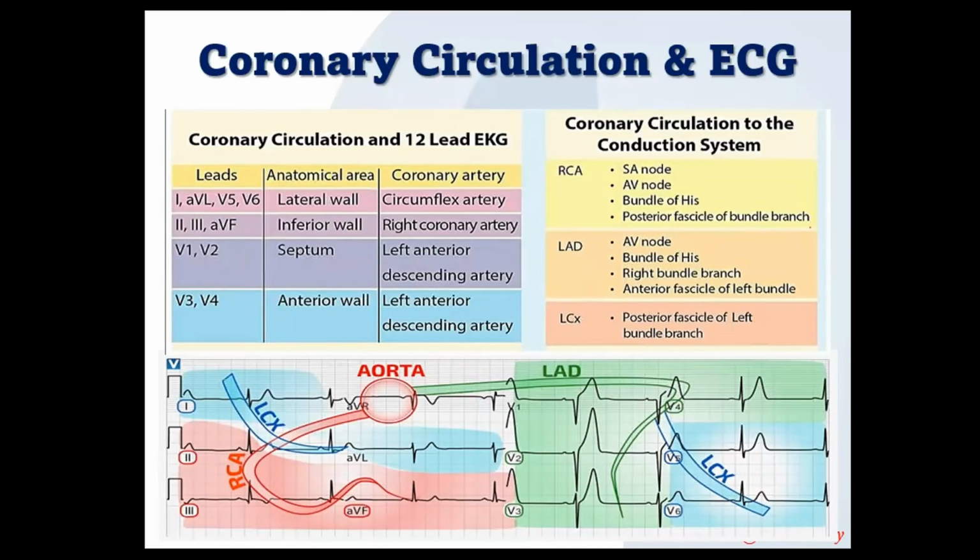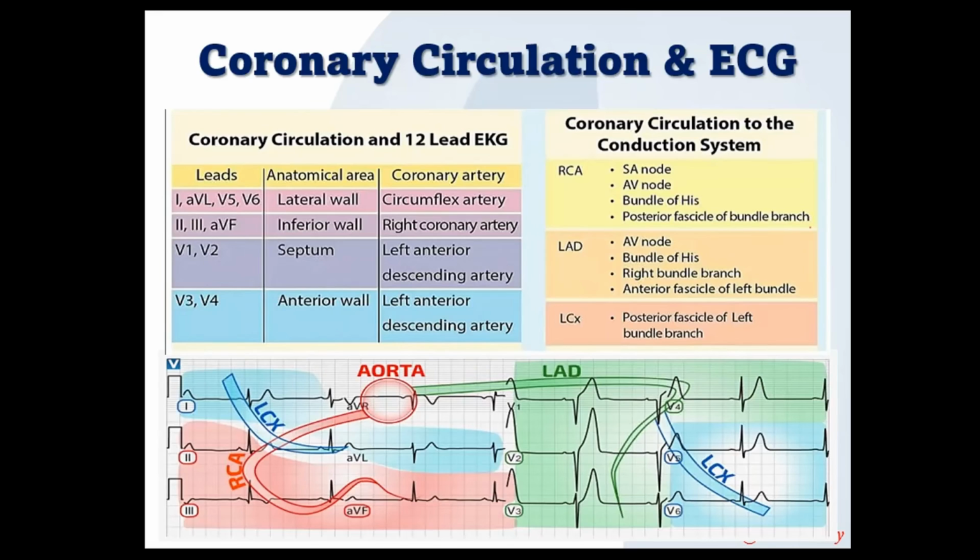We talked about circumflex artery, lateral wall, right coronary artery, inferior wall, left anterior descending is septum and anterior. In your ECG, this is how they draw it. So your 2, 3, AVF is covered by your RCA. If the patient comes with MI and you do an ECG, and there is 2, 3, AVF elevation, you know RCA is involved.